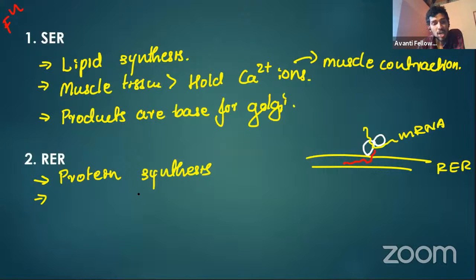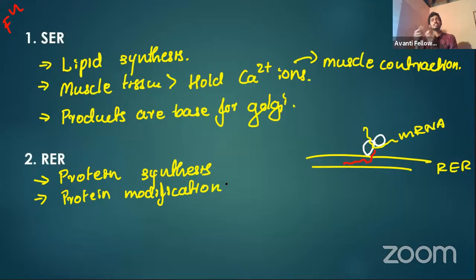Protein modification means the proteins are not functional when they are formed. They have to go through different structural changes and modification, and only then will they become functional. And what is another thing? Glycosylation, or adding glycosylation, is the better way to say it.